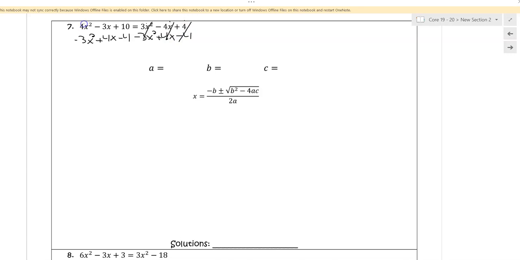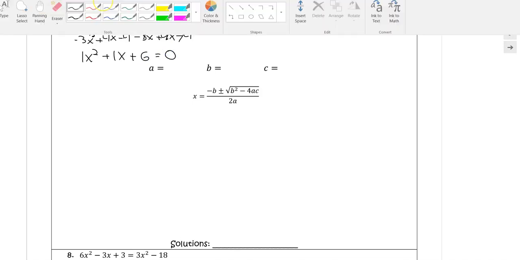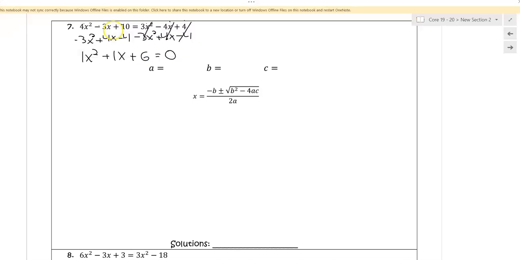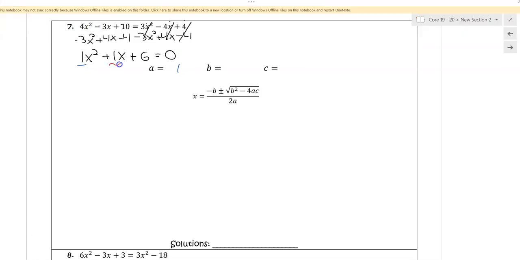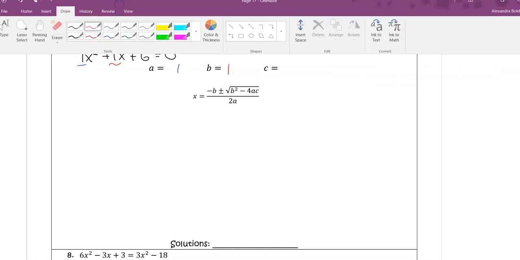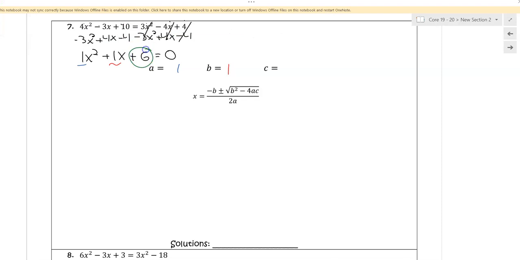On this side, we have 4x squared minus 3x squared, which is 1x squared. Negative 3x plus 4x is plus 1x. And 10 minus 4 is plus 6, and then that's going to be 0 on the other side. So we have 1, 1, and 6.